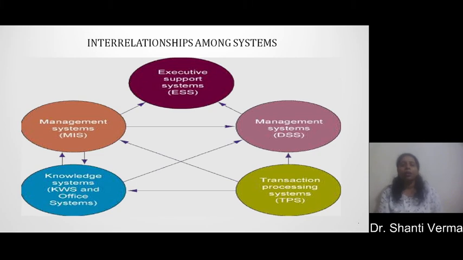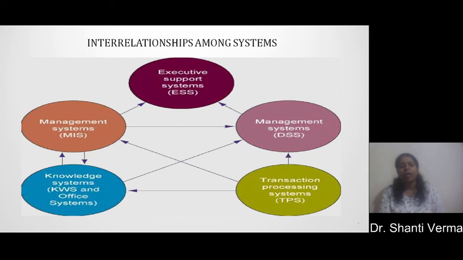There are various types of decision support systems. In this lecture series, we have discussed the decision support system, the group decision support system, and the executive information support system. There are also various types like knowledge systems and the transaction processing system.